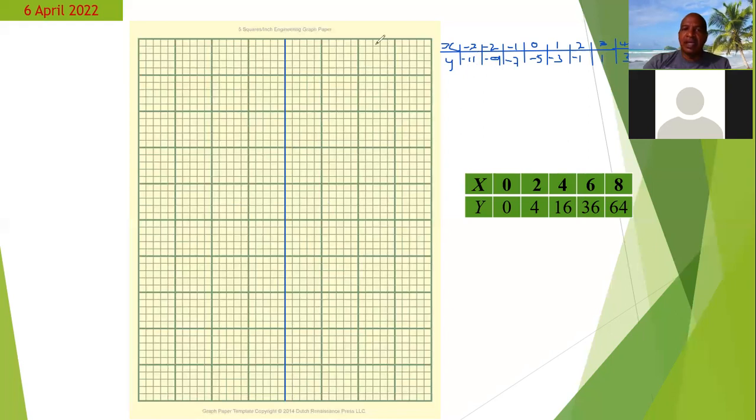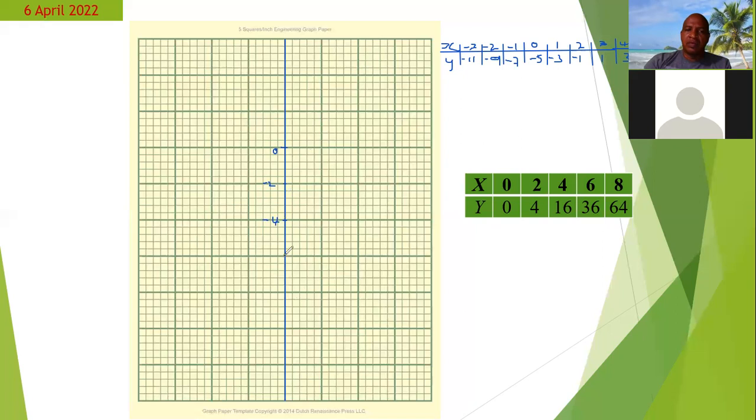So instead of using 1 centimeter to be 1 unit on the y, we may want to use 1 centimeter to be 2 units on the y. If we go down counting by 2, we would have -2. So we start off here as 0, then -2, and then the next one, which would be -4.